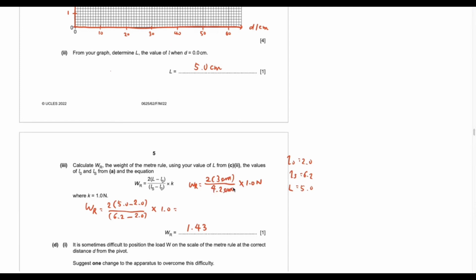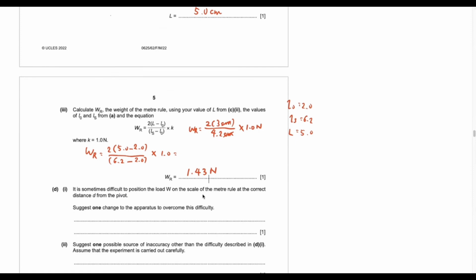The cm can cancel off, so what remains is Newton. So at the end, it should be taking the unit of Newton. That is how we determine the final unit. You just put the calculation together with unit. Whatever you can cancel off, just cancel it. Whatever is left at the end will be the unit.